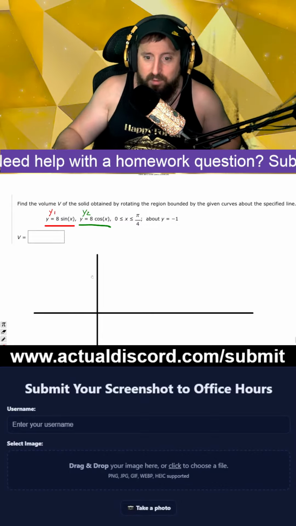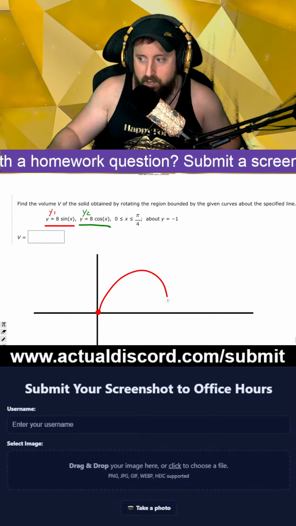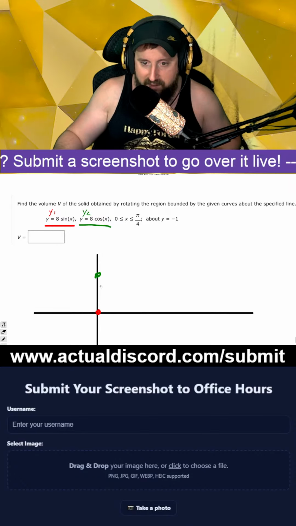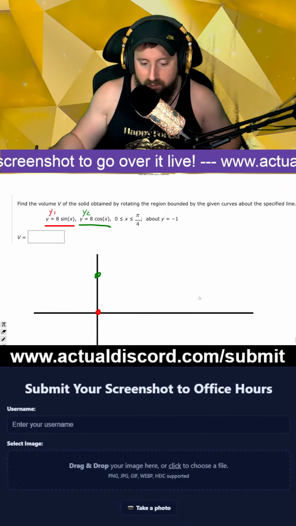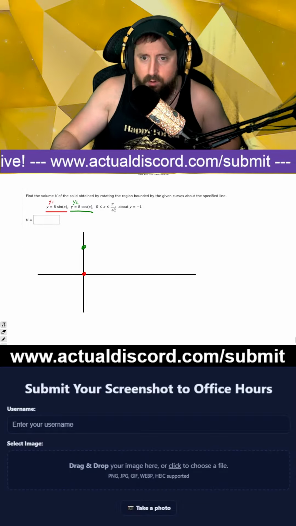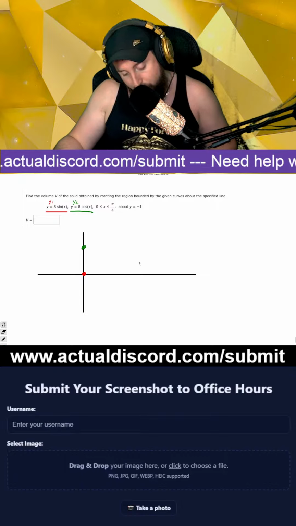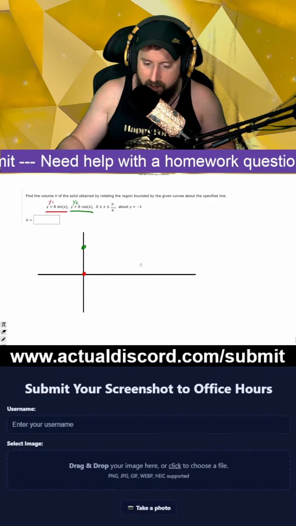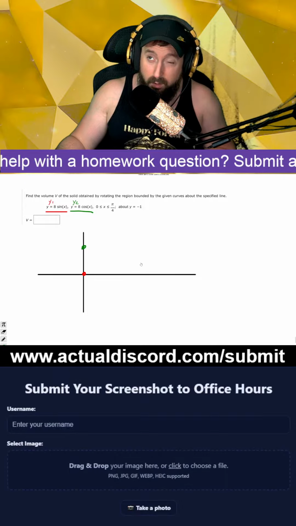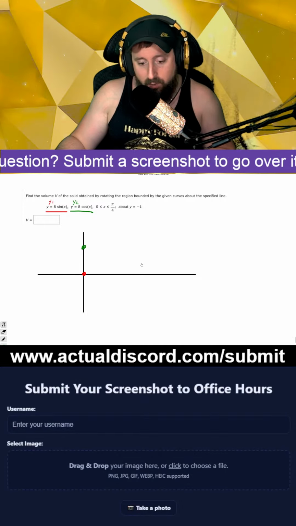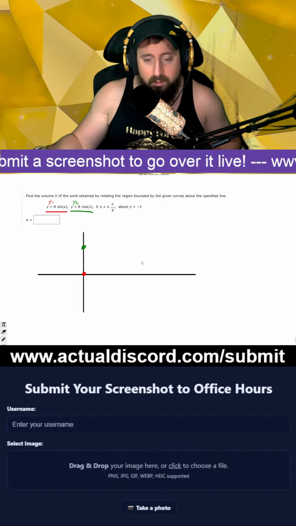Sine starts here, and we know it does this, whereas cosine starts at the max amplitude and then does this. We're only going from 0 to pi over 4. Pi over 4 is only 45 degrees, so we're only going to do 1/8 of a cycle. 2 pi would be a whole cycle.